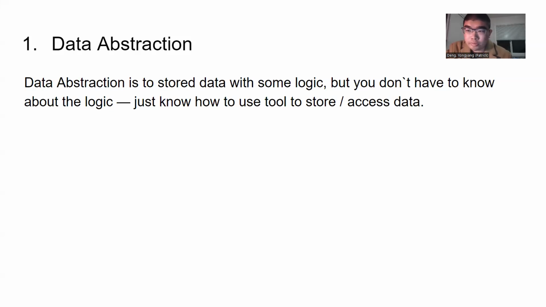You just have to know how to use some tools to store the data or to access data, like to know something or to store something inside. You don't have to know about the logic that it may require, but you have to use the appropriate tools to do all the things.